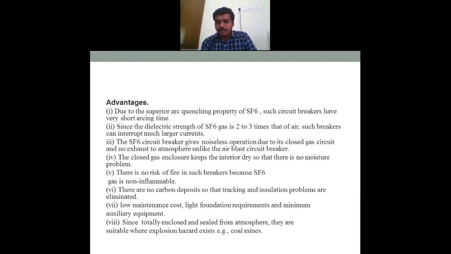Since it is inside a closed chamber, we don't have much problem with respect to the atmosphere. Maintenance is also very easy, and we don't need additional equipment like isolating switches. The cost is also less because of this. So these are the advantages of this SF6 circuit breaker.